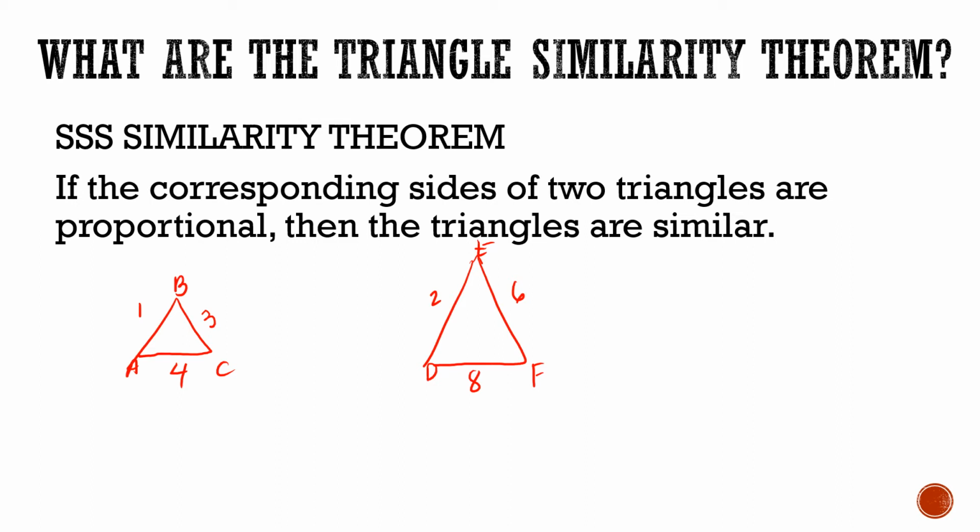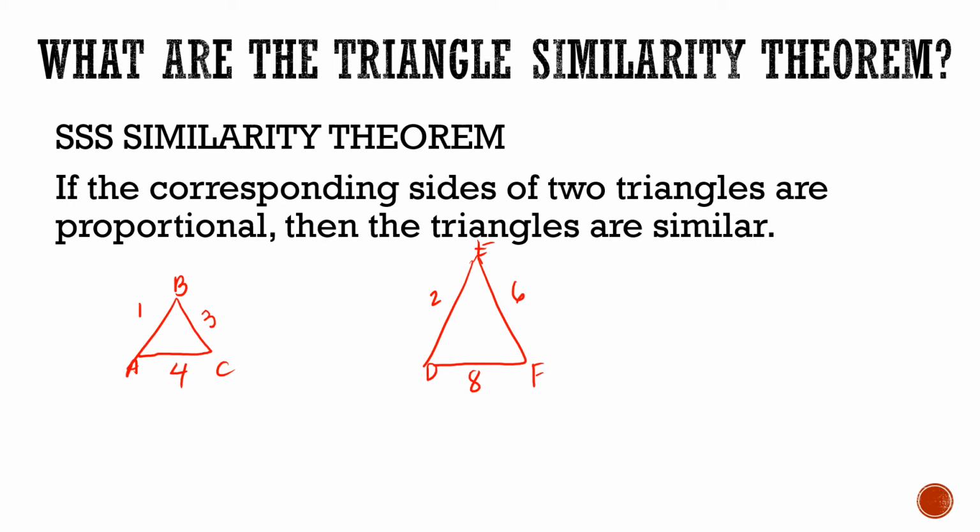Now let's see whether the given two triangles are similar or not by the use of the SSS similarity theorem, or the side-side-side similarity theorem. Take note that if the corresponding sides of two given triangles are proportional, then the triangles are said to be similar.